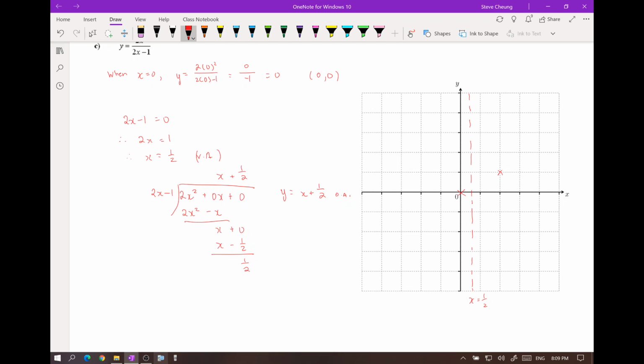So for every 2 steps to the right, I'm going to go up once. So 2 right, 1 up. I can go the other way around. 2 left, 1 down. Okay, so you know that this is just 1, 2, 3, 4. So let's join these up.